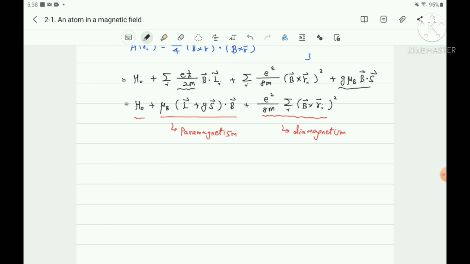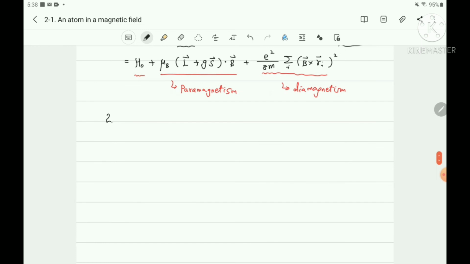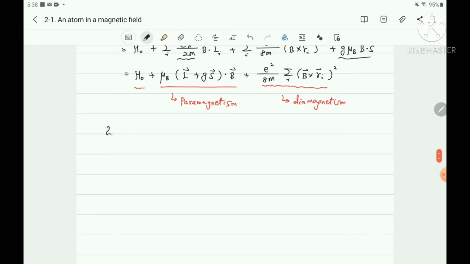Before we start the interpretation of paramagnetism and diamagnetism, we should understand the dimensions in magnetic materials.